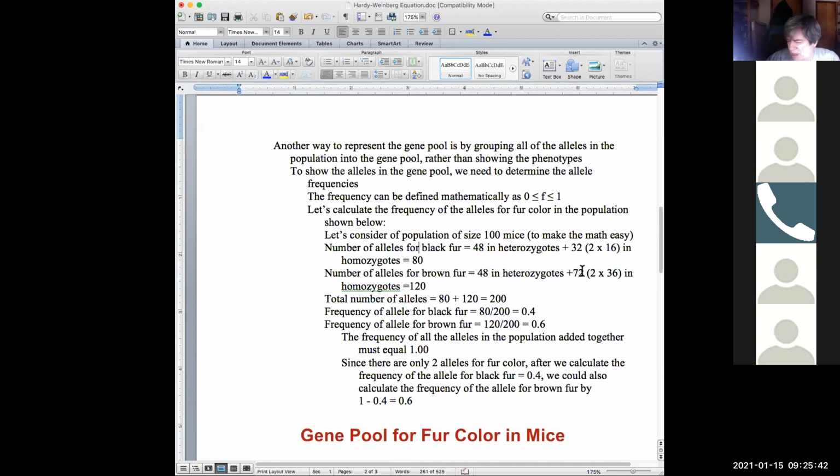So 36 times 2 is how many alleles we have in the homozygous brown mice. So we have 48 plus 72, we have 120 alleles for brown fur. So now we're going to add our 80 and 120. That gives us 200 alleles.